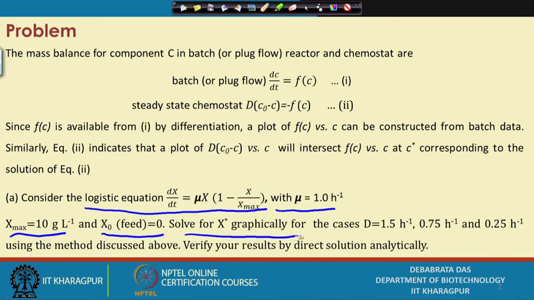Solve for x star graphically for the cases when D equals 1.5 per hour, 0.75 per hour, and 0.25 per hour, using the method discussed above, and verify your results directly from the analytical solution. So, we shall have to solve it both graphically as well as analytically. Let us see how we can solve it.